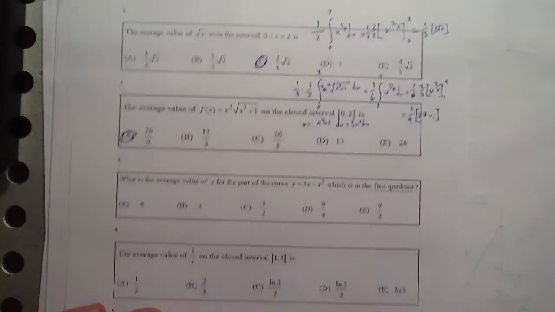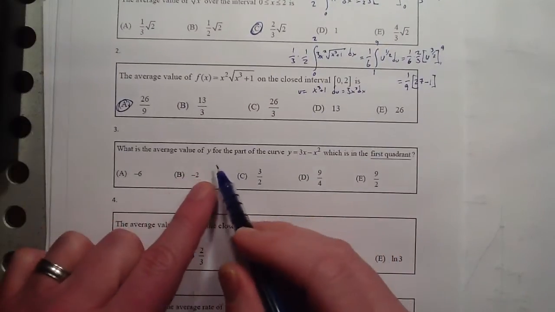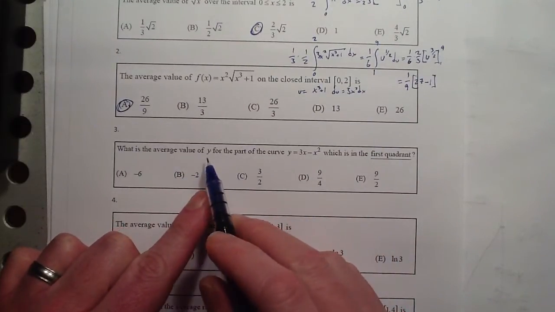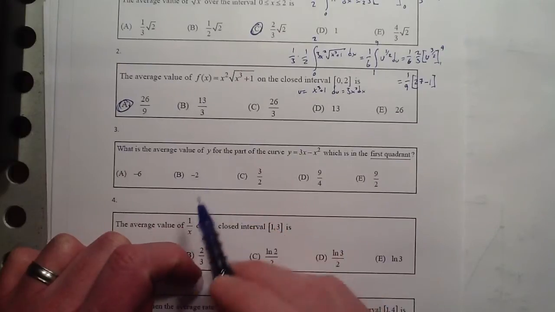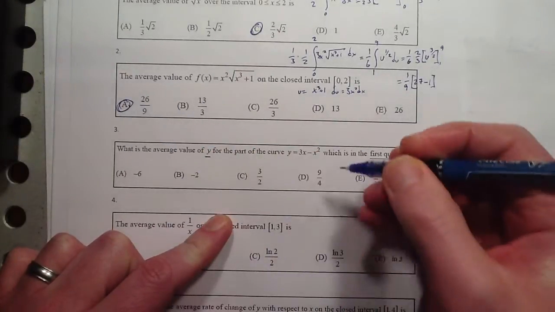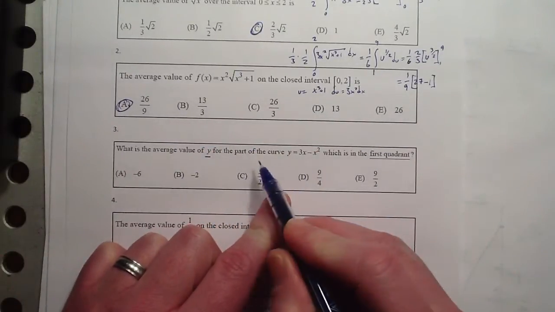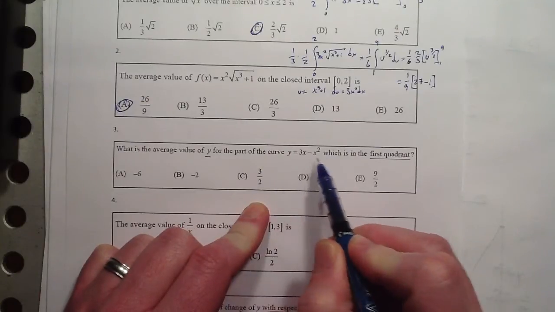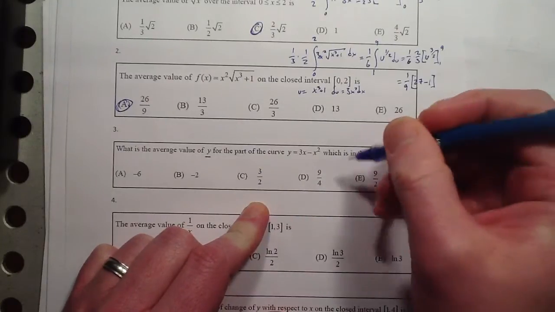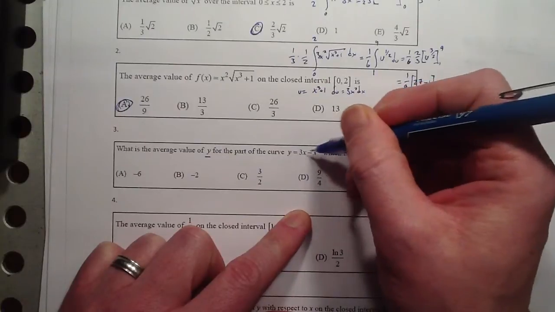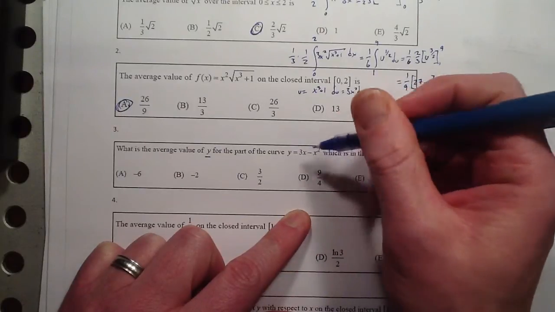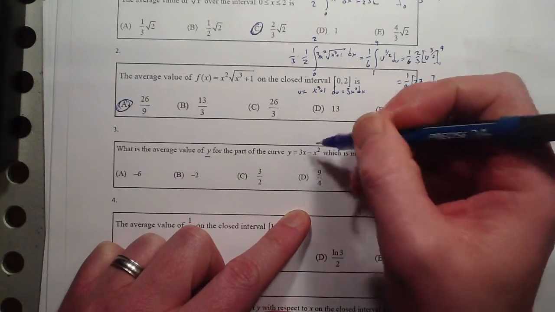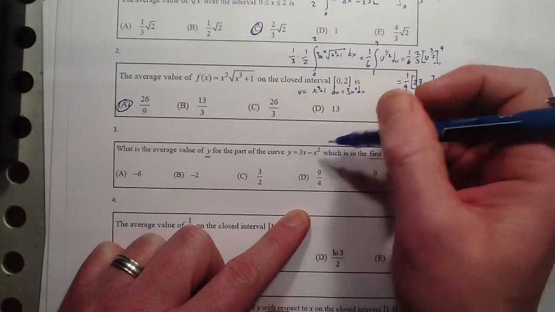Number 3. It's the average value of y, or in other words, the average value of the function, right? Y value, same thing, of the part of the curve, this, which is in the first quadrant. Well, let's see. If we think about what the graph of that, it's an upside-down parabola with zeros at 0 and 3.